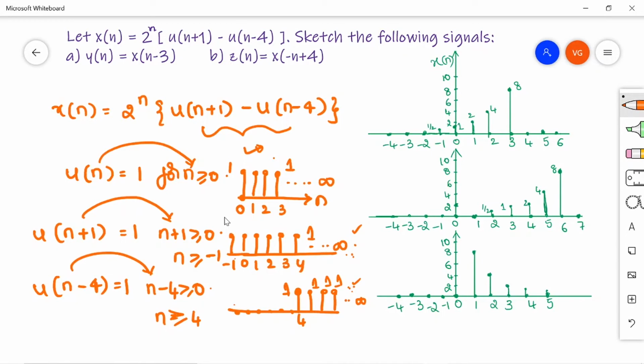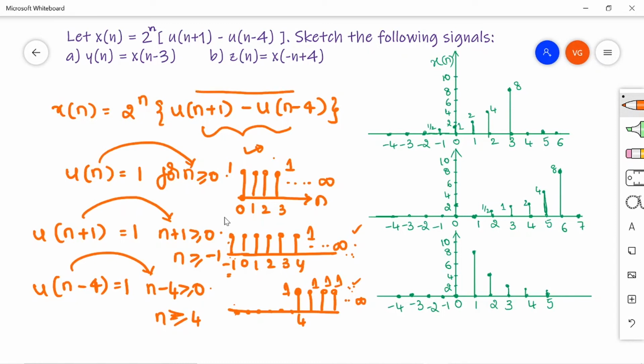Right. So at n is equal to minus 1, we have an amplitude of 1 and here this is 0. So 1 minus 0 is 1, right? So I am drawing u of n plus 1 minus u of n minus 4.